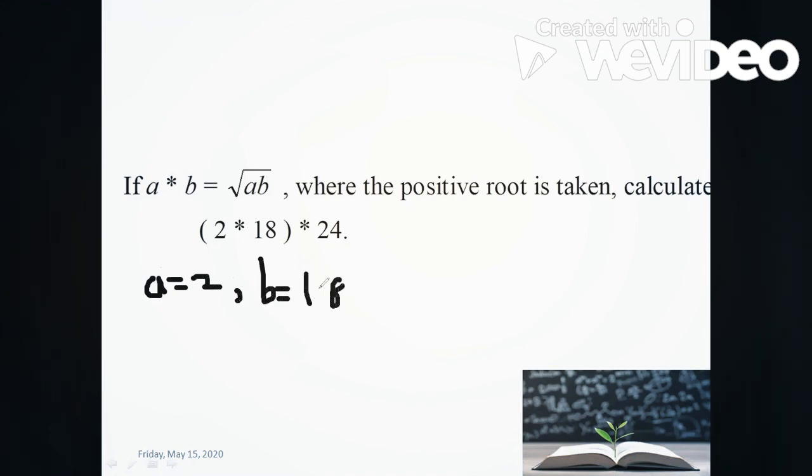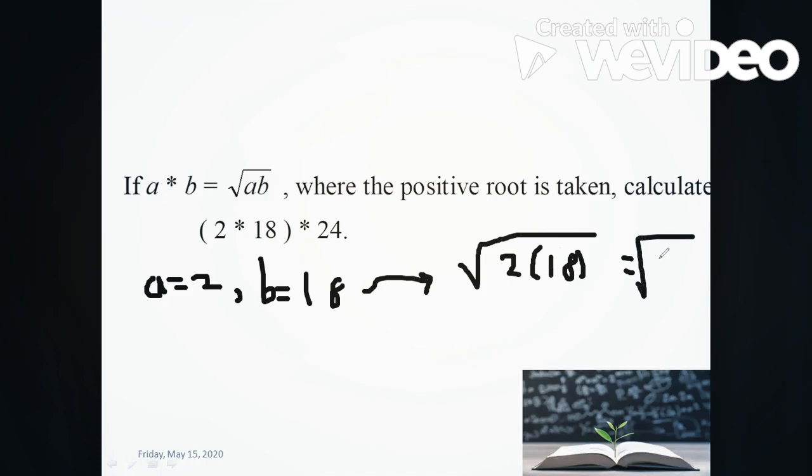All right. So we're going to have root 2 times 18. 2 times 18 is 36. And we know that root 36 is plus or minus 6.